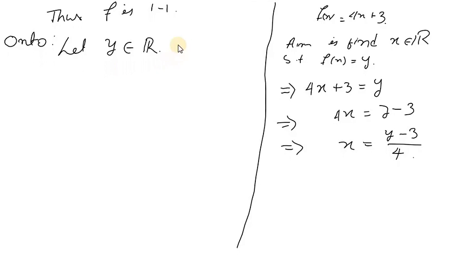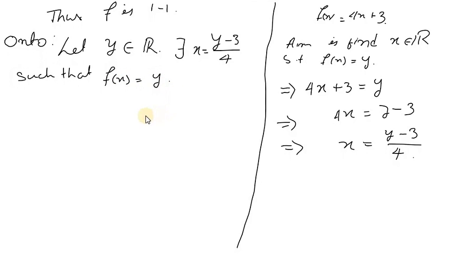Therefore, let x equal to (y minus 3)/4, such that f(x) equal to y. Okay, this is the thing.